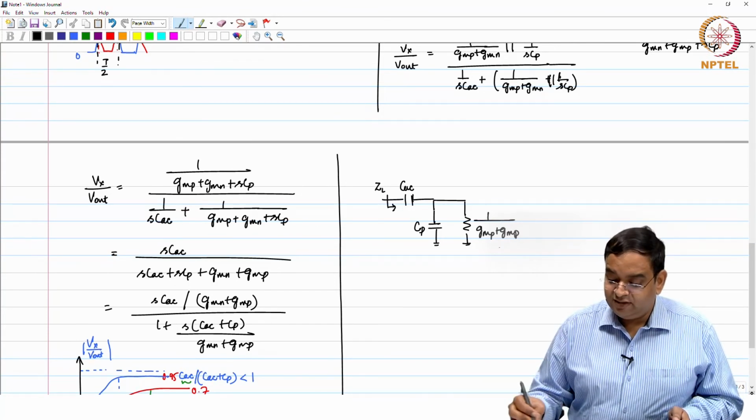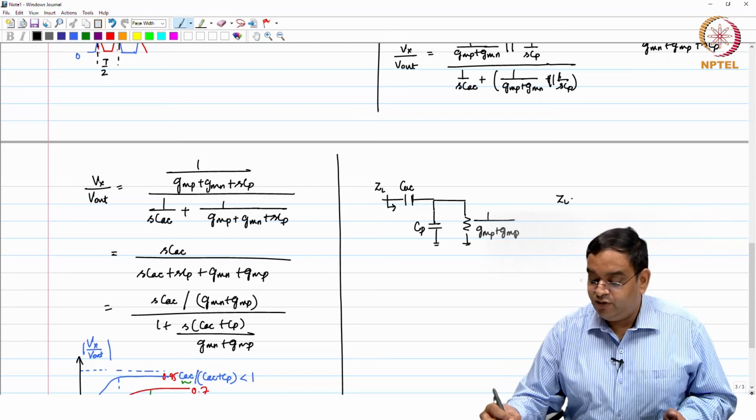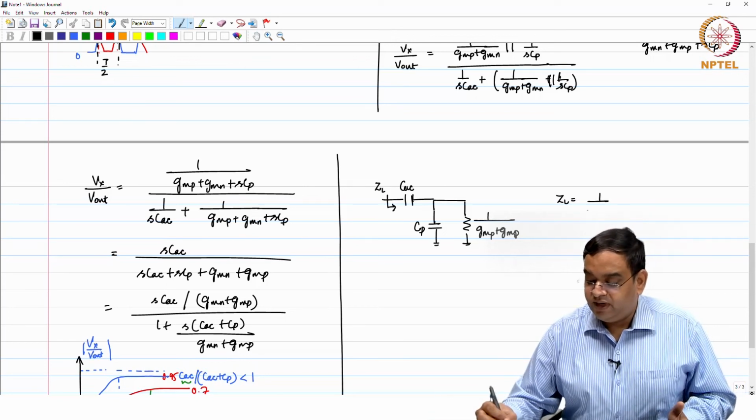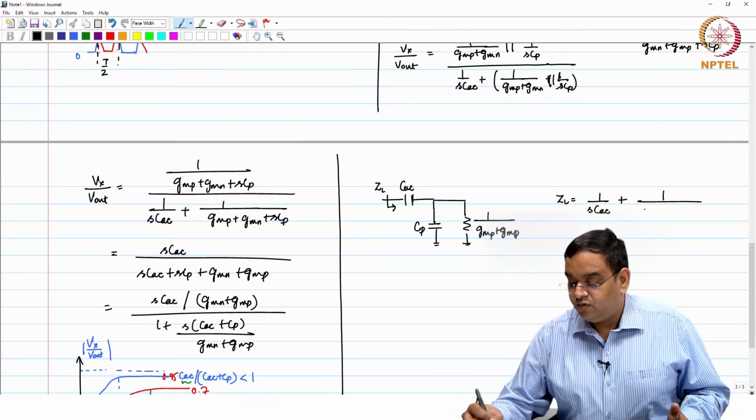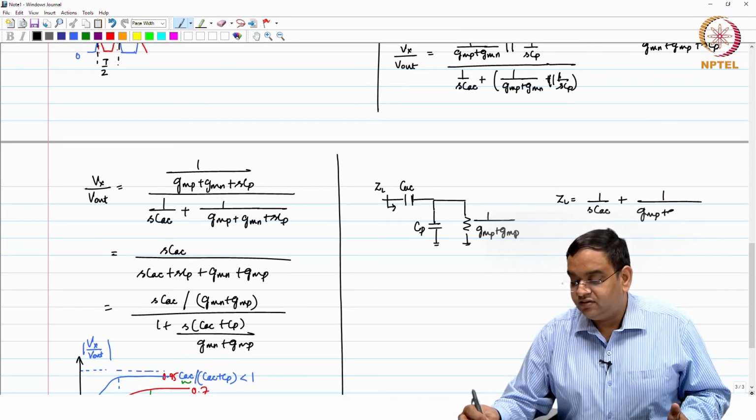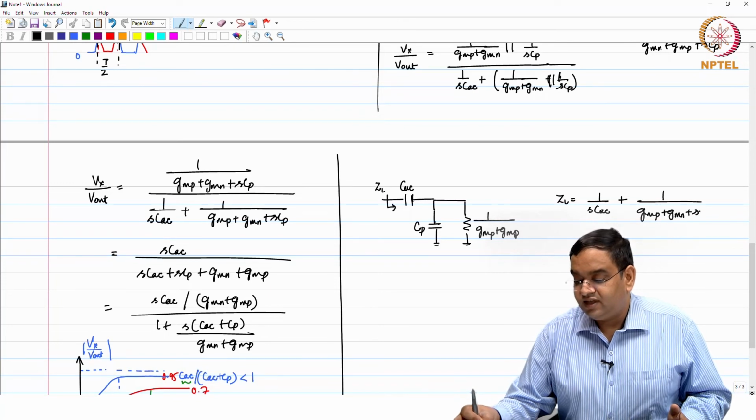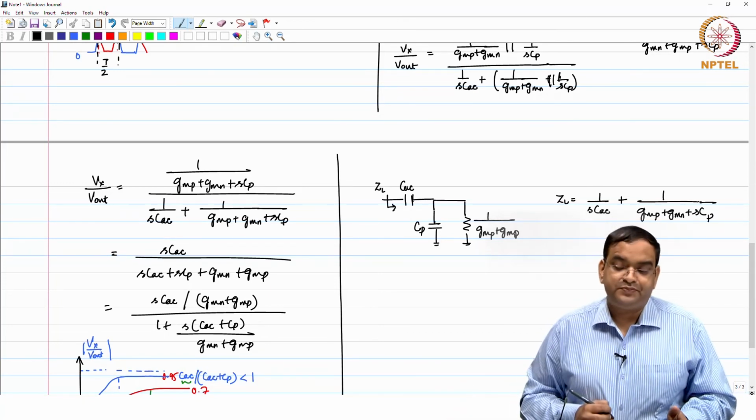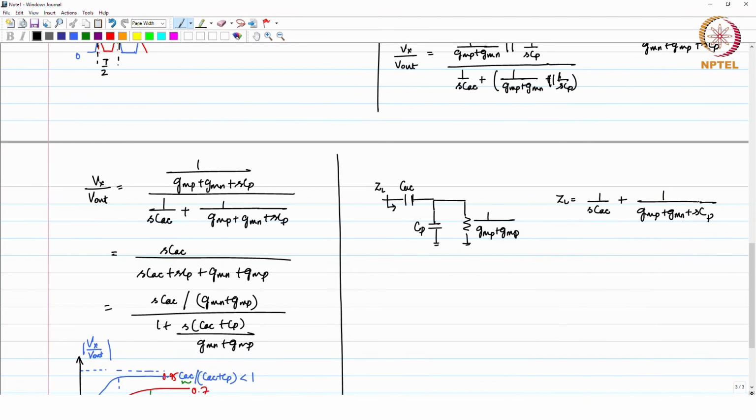Okay. So, it acts as a load for the oscillator, and the ZL value you know is 1 by SCAC plus 1 over GMP plus GMN plus SCP, right.